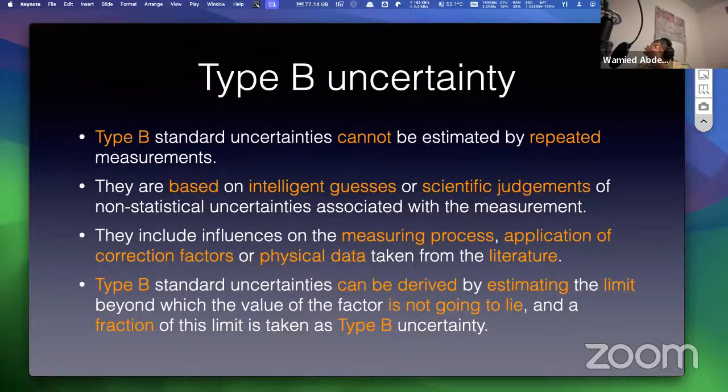Type B uncertainties, on the other hand, these we cannot estimate by repeated measurements. These are based on intelligent guesses or scientific judgment of non-statistical uncertainties associated with the measurement. An example would be, we have an N gas, for example, or an NDW of a chamber.